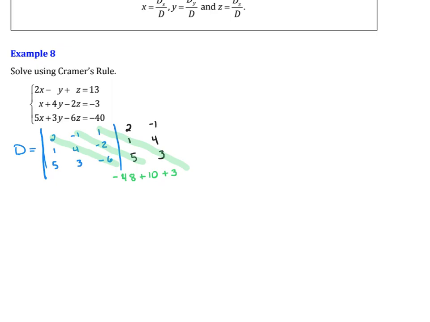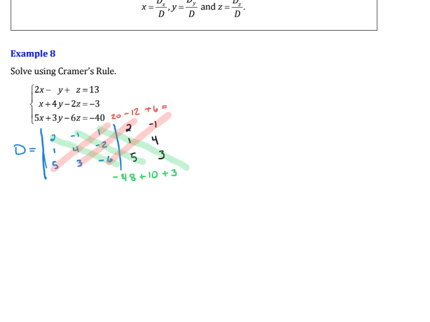Now let's go up. Five times 4 times 1 is 20. 3 times -2 times 2 is going to be -12, so plus -12. -6 times 1 times -1 is going to be +6.